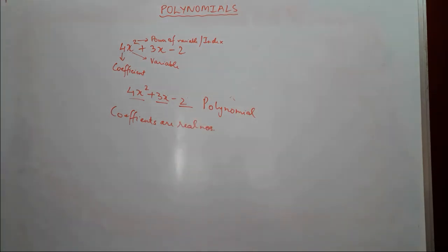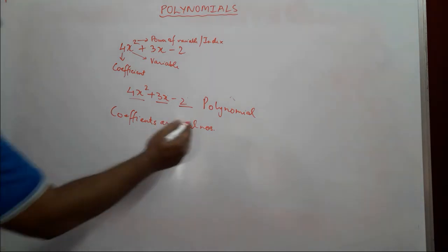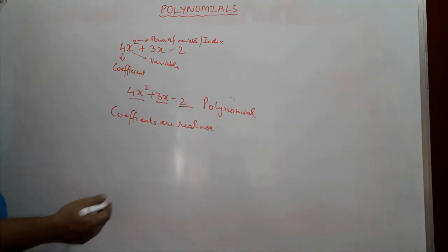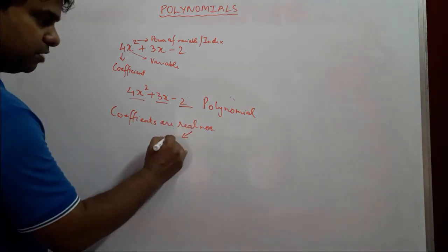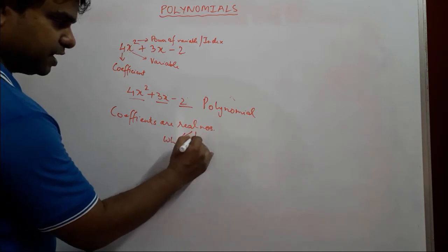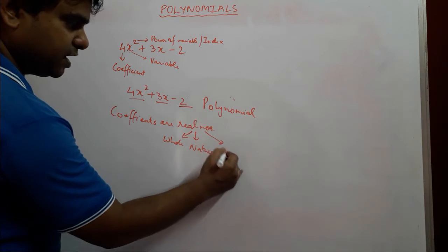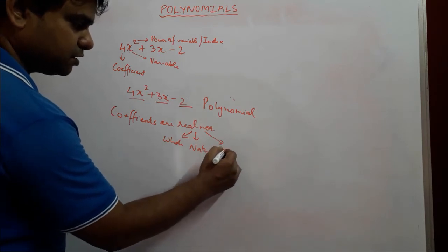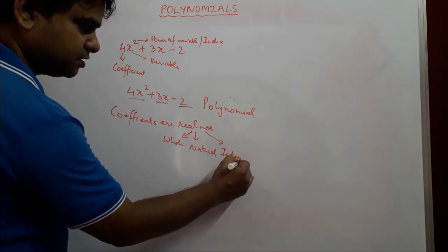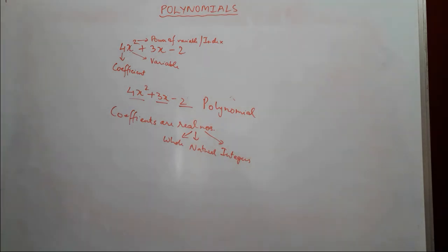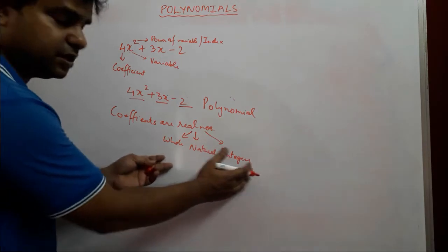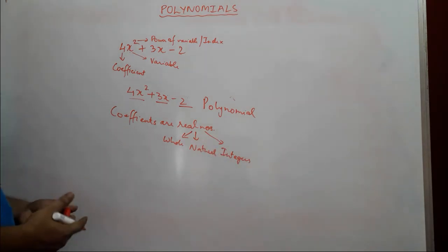Real numbers means you can have whole numbers, natural numbers, integers. You can even have rational numbers, but you can also have irrational numbers.